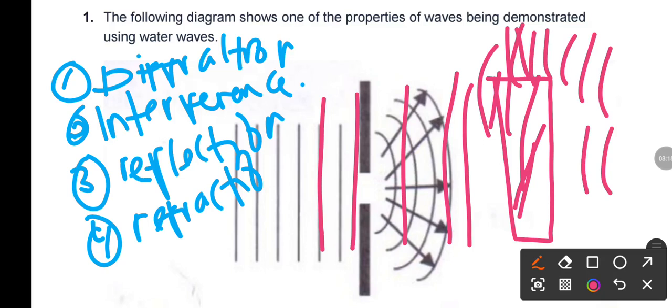Okay, so that phenomenon that occurs when incident wavefronts go around an obstacle or a barrier is what we call diffraction. So it is another case in which diffraction can occur.